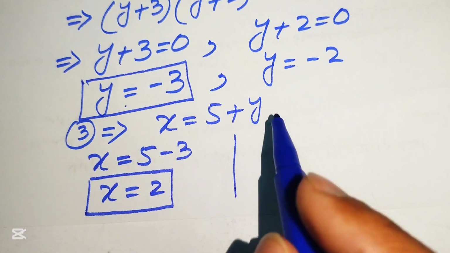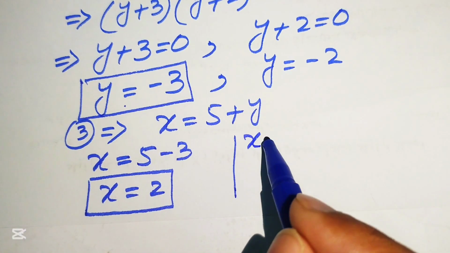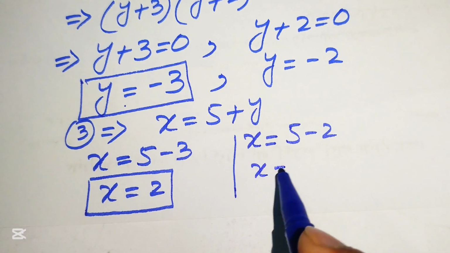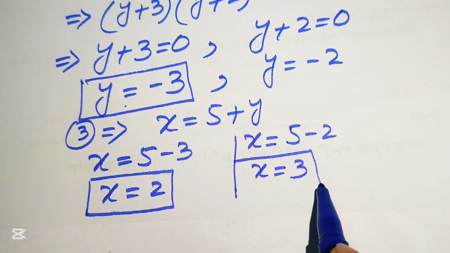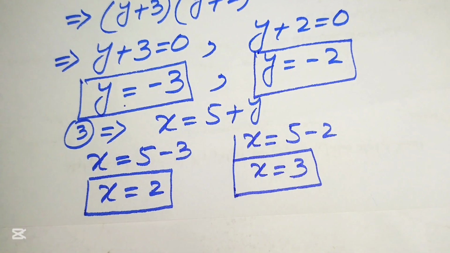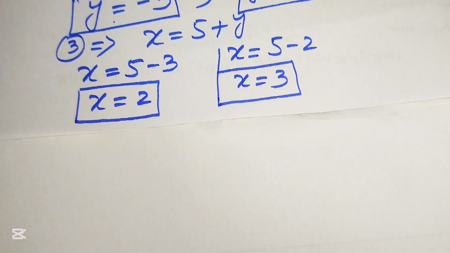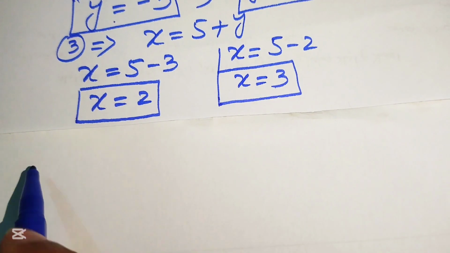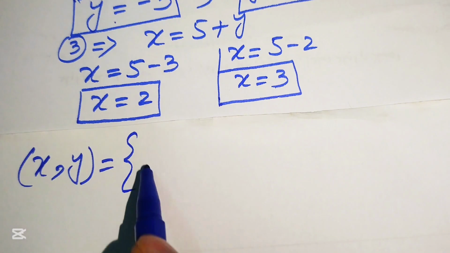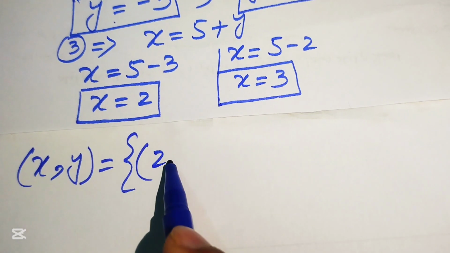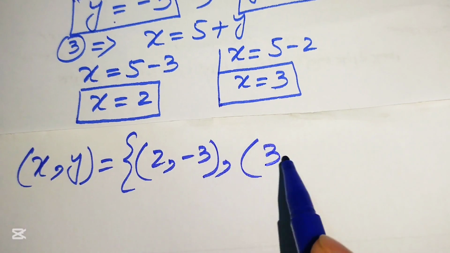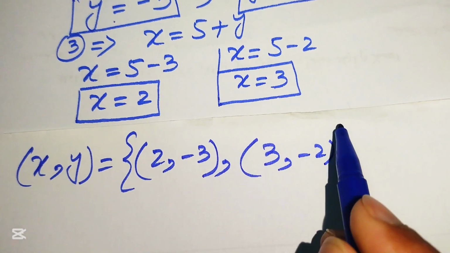Similarly, in this case, we put this value of y here, and we get x equals to 5 minus 2, so x equals to 3. This is the value of x corresponding to y equals to minus 2. Finally, we have the two solution sets of the given equation: x, y equals to, the first solution set is 2 and minus 3, and the second solution set is 3 and minus 2.